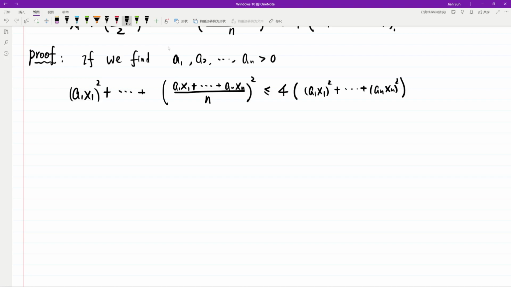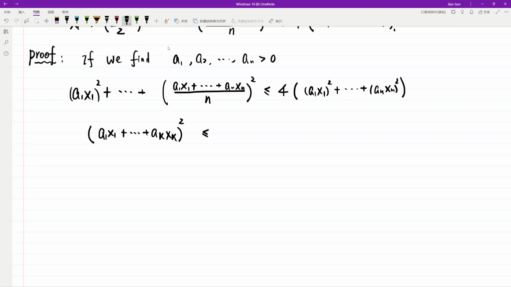But the benefit of writing the inequality this way is that we can actually choose a1, a2, all the way to an. Let's look at the general term from the left-hand side. The general term is a1 x1 plus up to ak xk, divided by k, squared. First, let's look at the square.